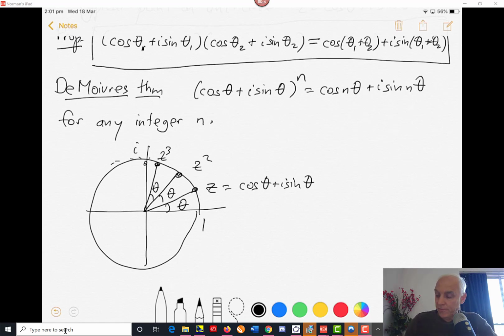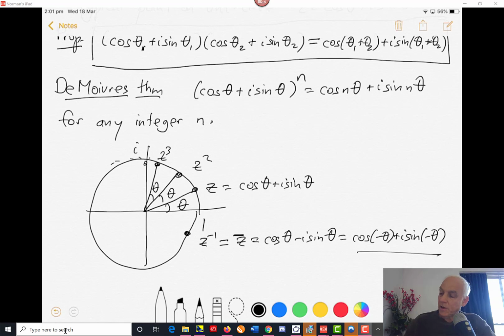If we want negative powers of z, we should start with z inverse, which is down here. So for a complex number on the unit circle, the inverse is just the complex conjugate, which is cos theta minus i sine theta. Or if you like, cos of minus theta plus i sine of minus theta. So this is consistent with this formula here.